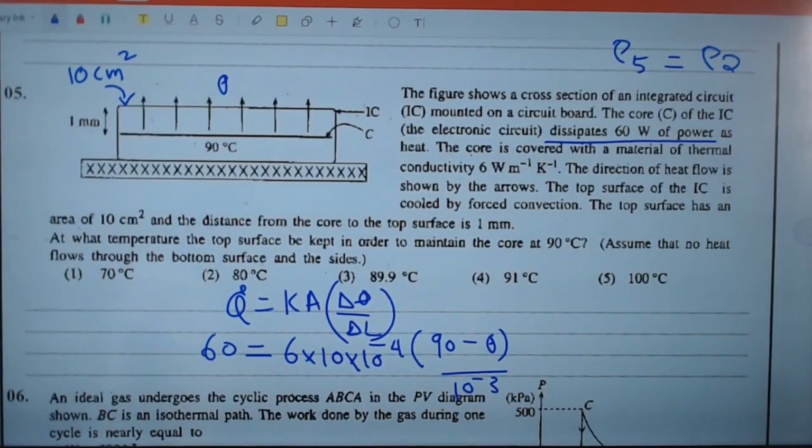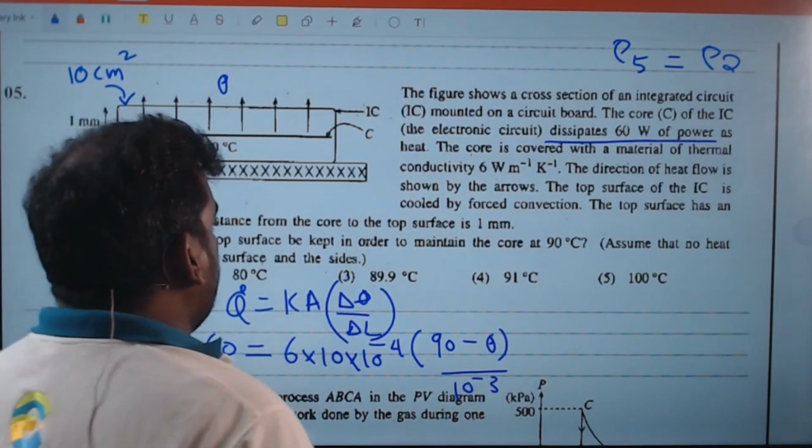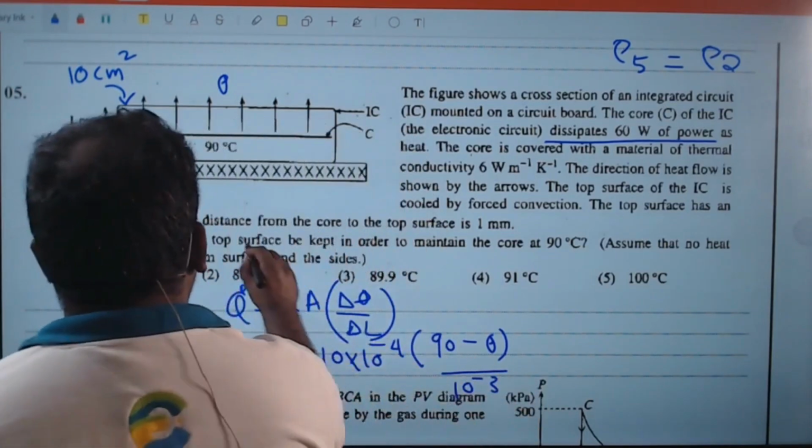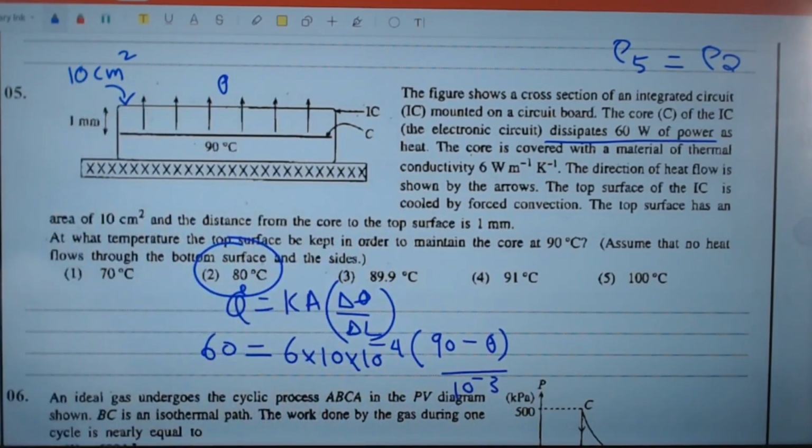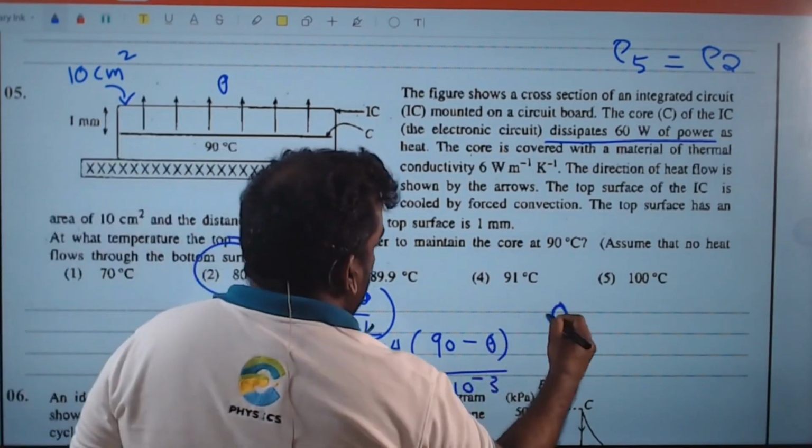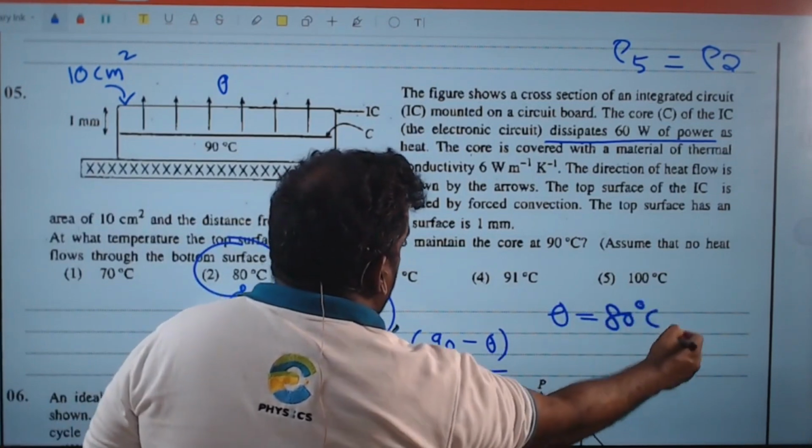First multiply it. 60 cancel off. Theta is 80. Answer number 2. Theta is 80. Very quickly you can find it.